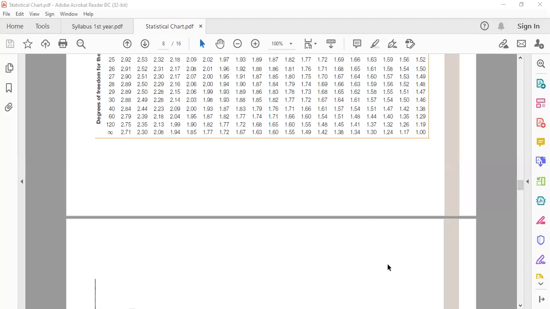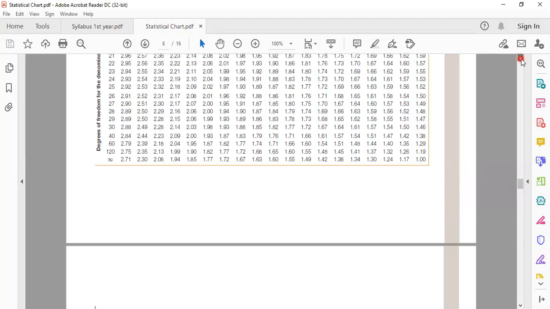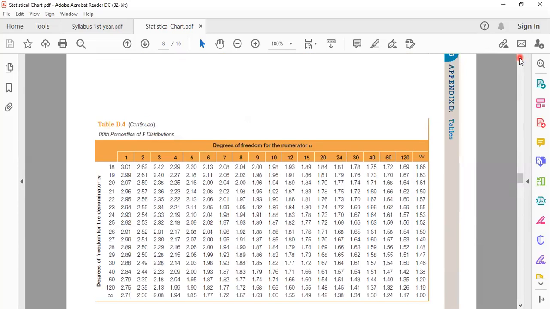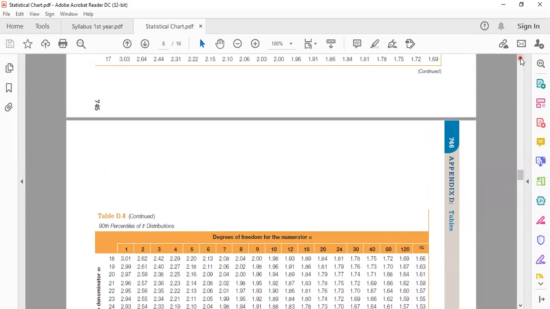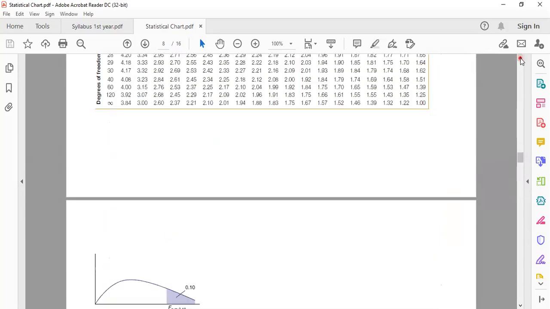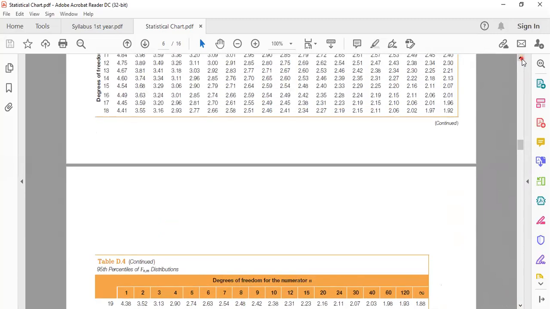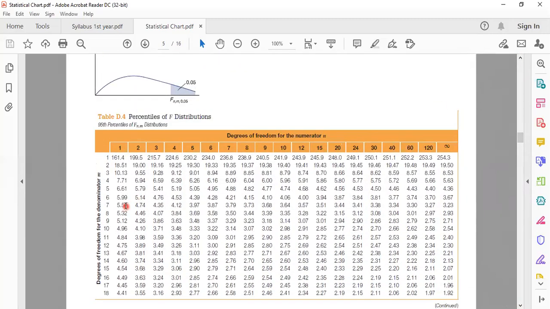So if I consider this chart, we have to go to the first table that I presented. This is the table for the 95th percentile, or 5% level of significance, and you have to hit 7 on the side and 9 on the top.